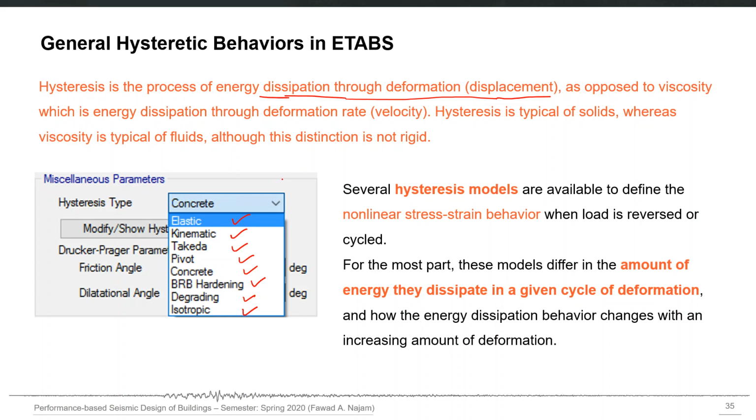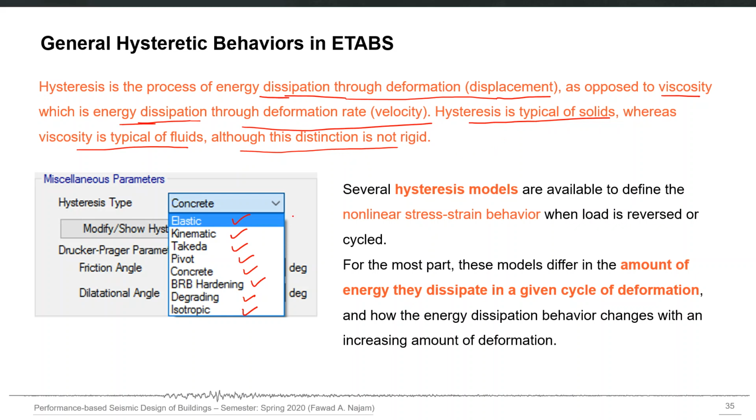Hysteresis is opposed to viscosity, which is energy dissipation through deformation rate or velocity. So energy dissipation through velocity is basically viscosity, but energy dissipation through deformation is hysteresis. Hysteresis is typical for solids, whereas viscosity is typical for fluids, although this distinction is not that rigid.